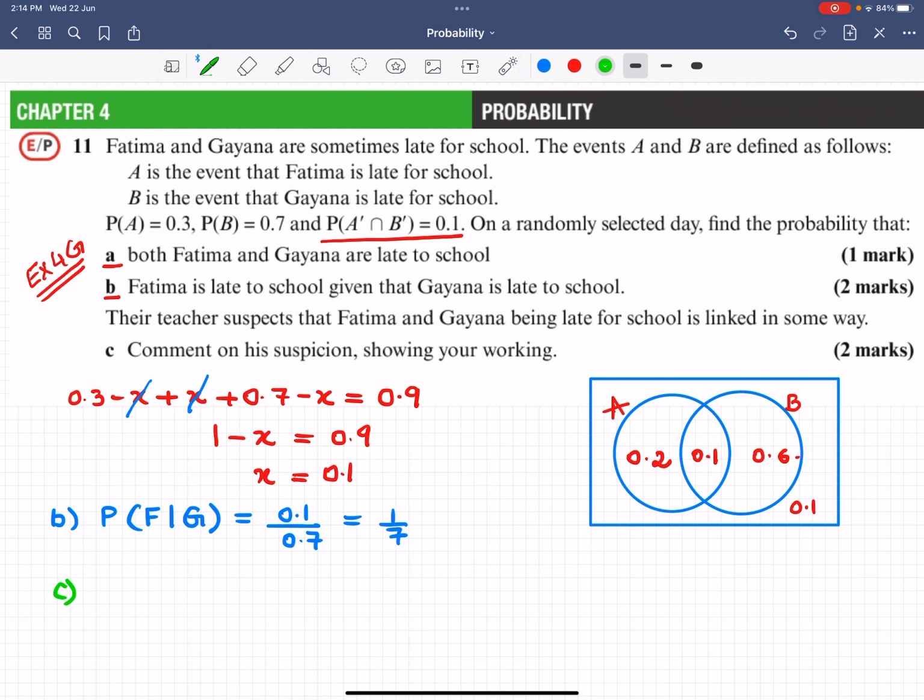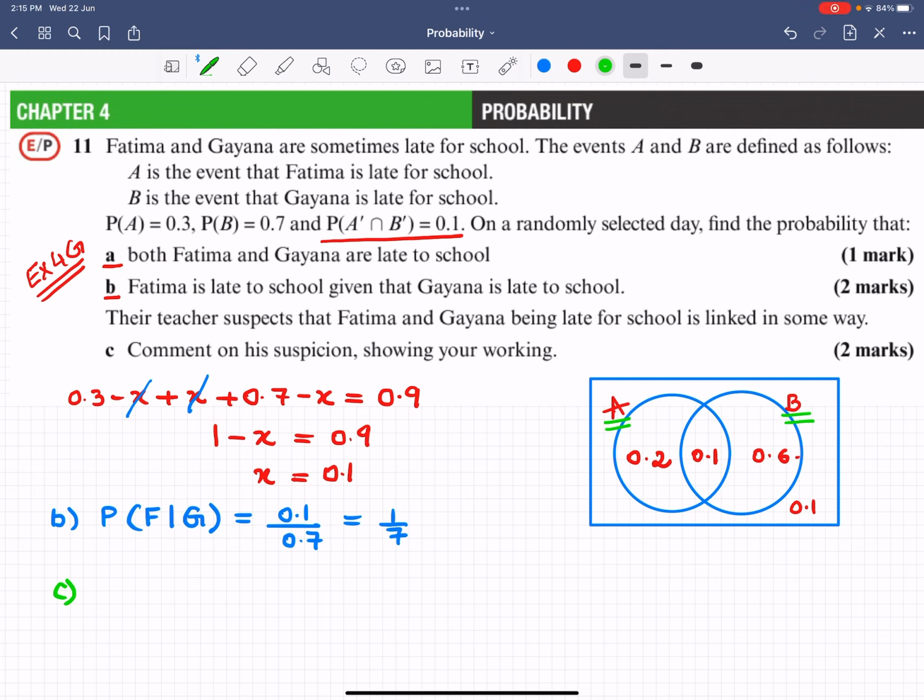So we need to comment on this suspicion. To verify whether or not both of them being late at the same time is linked, we need to find whether the probability of A, which is Fatima being late, and probability of B are independent events.